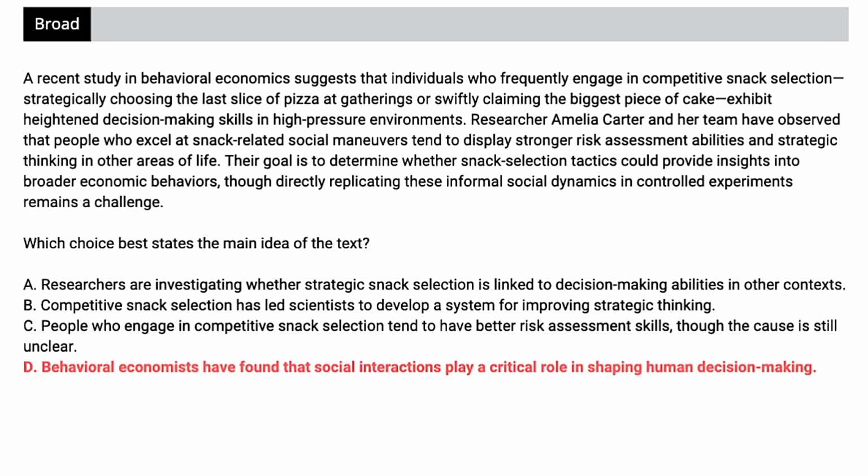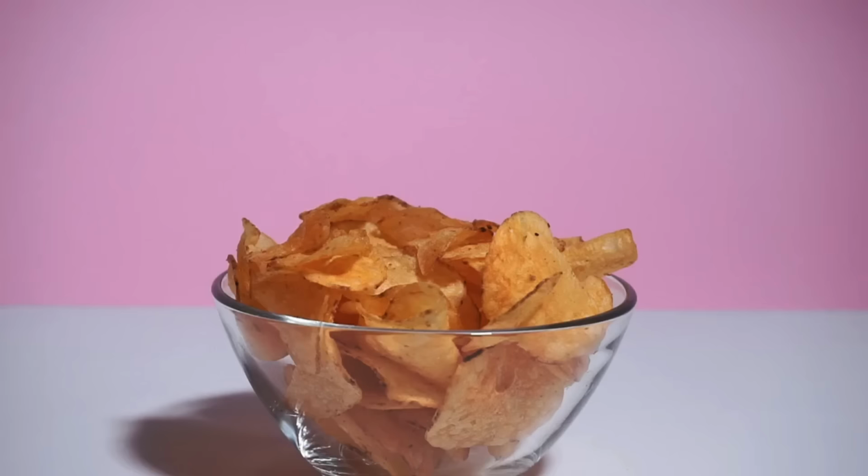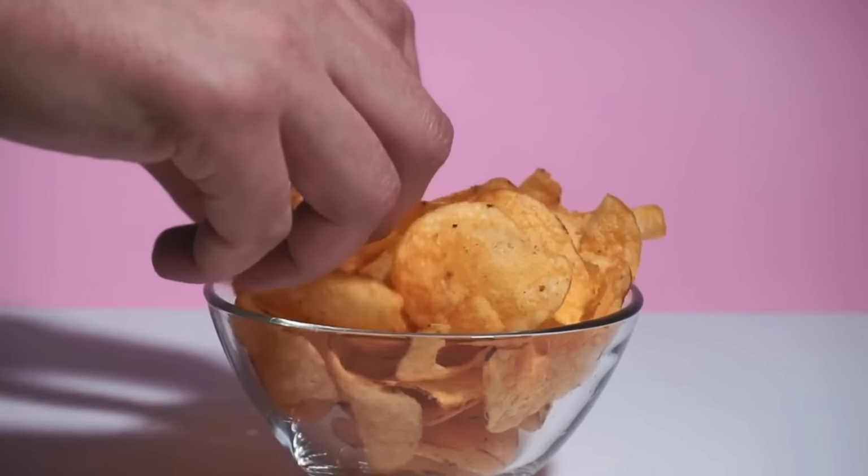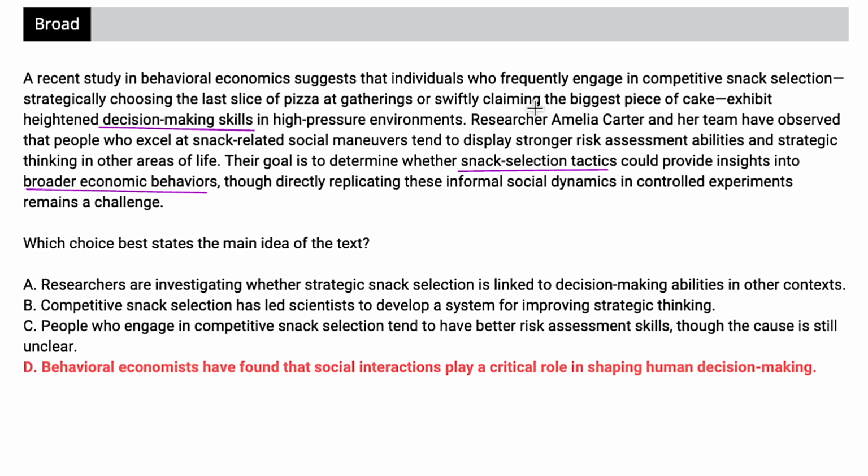And if we look down here, it says their goal is to figure out whether these tactics could provide insights into broader economic behaviors. So they're trying to take these decision-making skills affiliated with people who snatch up snacks and see if they can apply it to broader economic behaviors, which is going to be basically choice A.